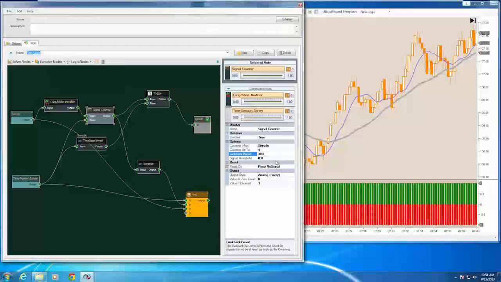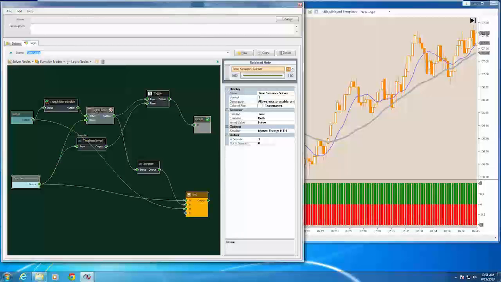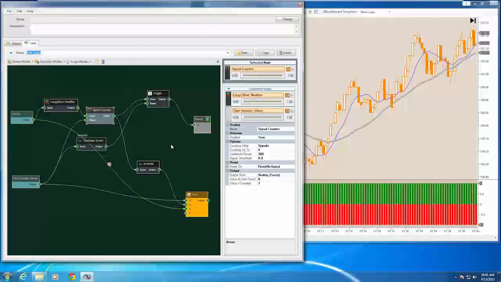In this case, for the signal counter, the look back period is irrelevant. We don't really want one. We want it to rely on the resets and not factor in a look back period, because we've properly anchored it to the beginning of the time session. So in theory, the look back period is just complicating matters. It's adding computational cycles, and it's also a little more confusing to the user.